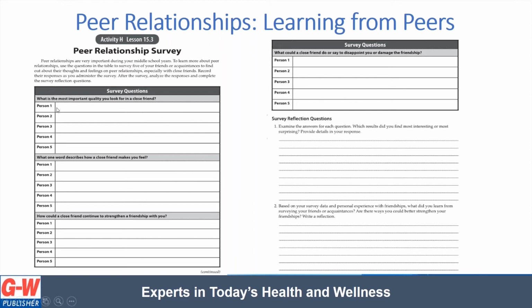They're going to talk to those 5 peers and record their responses. I tell them that while they're recording the responses, continue the conversation. They're also working on this skill of interpersonal communication. Once they have asked all 4 questions and talked to 5 of their peers, hopefully their closest friends, they are going to reflect with the following questions.